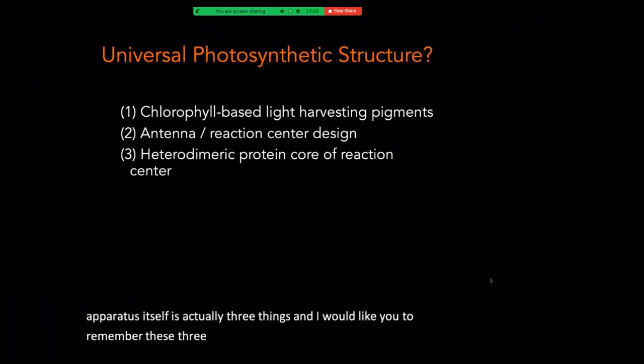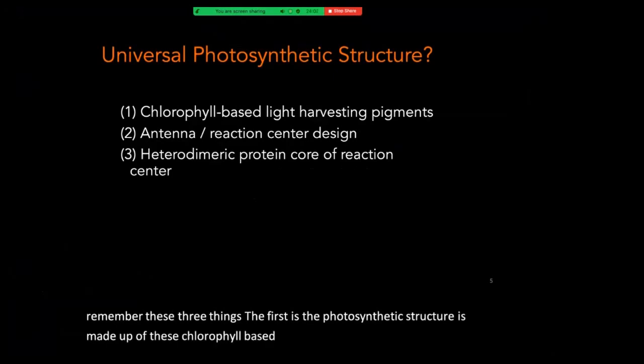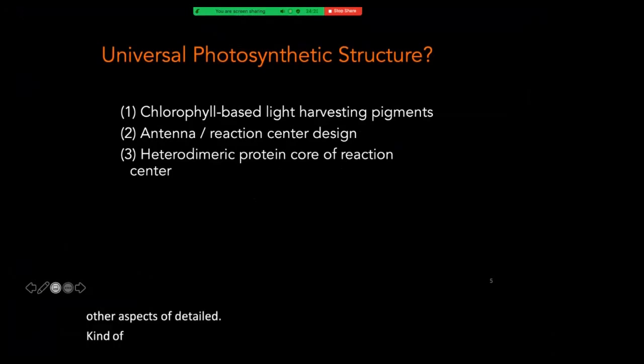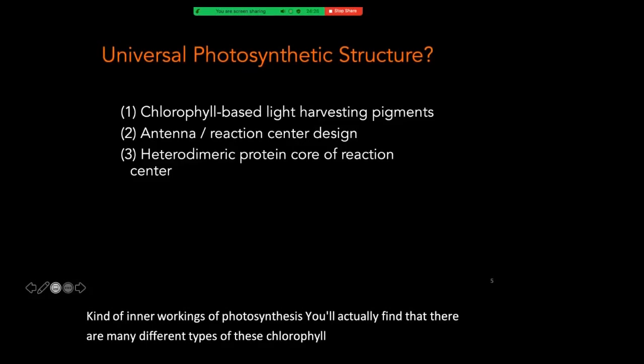The first is that the photosynthetic structure is made up of chlorophyll-based light harvesting pigments, okay? And there are going to be some different flavors of these, all right? And if you go into biology, in particular within microbiology and other aspects of the detailed inner workings of photosynthesis, you'll find that there are many different types of these chlorophyll-based harvesting pigments.